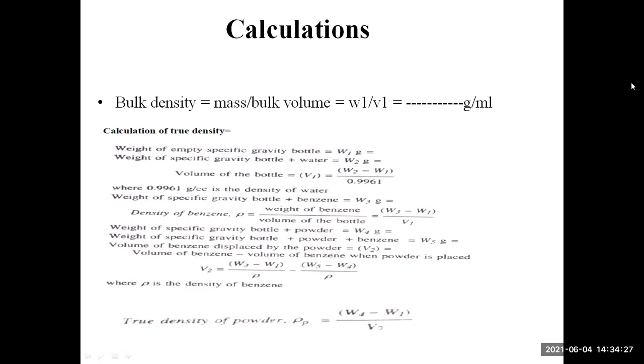Density is of benzene. True density of a powder, that is rho P, can be calculated by the formula W4 minus W1 upon V2.